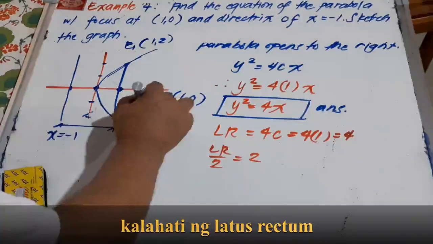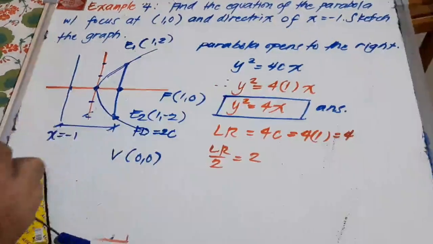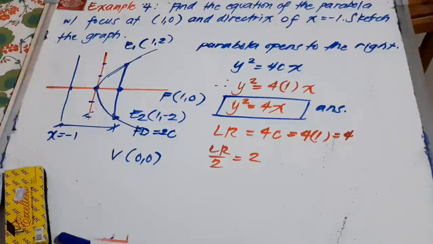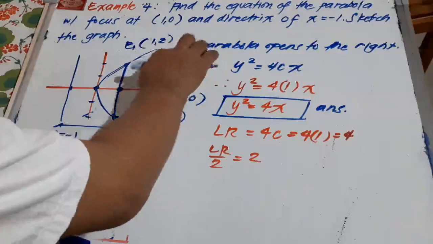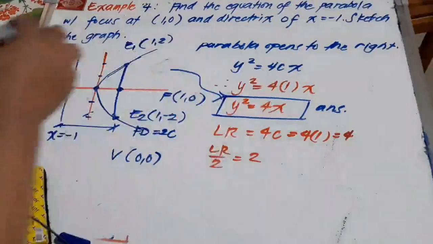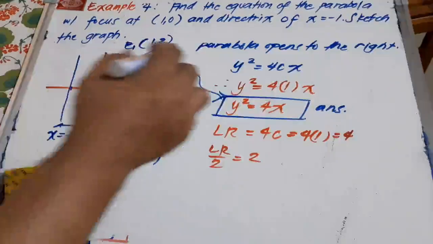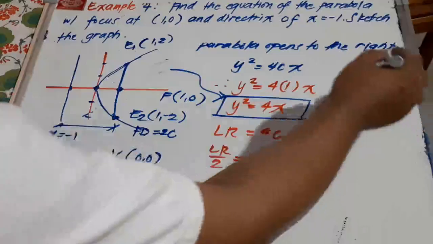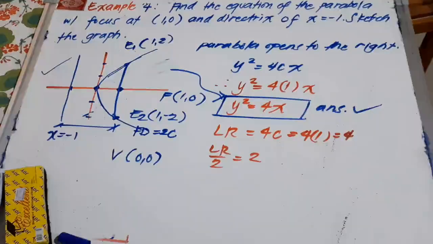Sa baba, we have 1, negative 2. Okay? What else? So, this parabola has an equation of y squared equals 4x. Okay? So, that is the answer to example number 4. We have now the equation of the parabola and we have the sketch or the graph of the parabola.